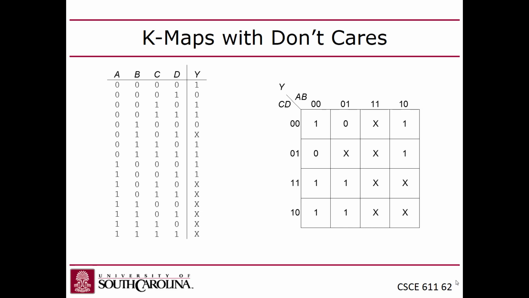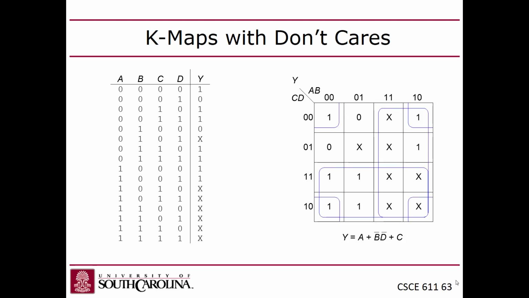Does that make sense? So if you have don't cares, then you can include them in your groupings if you want to. In this case, because I had don't cares here, I was able to circle this huge group here, which got me just to C. You guys with me? So you have to circle all the ones, but with the don't cares, it's optional.